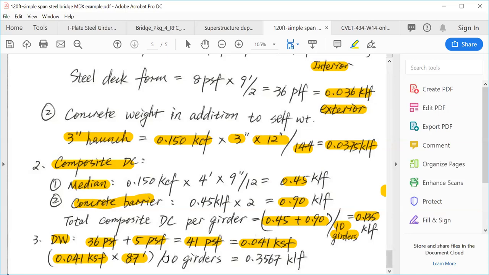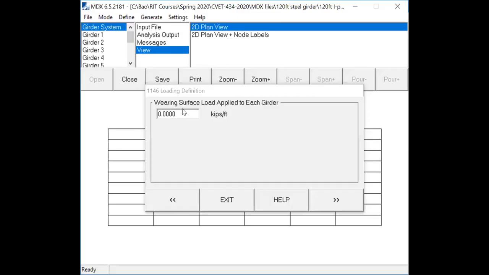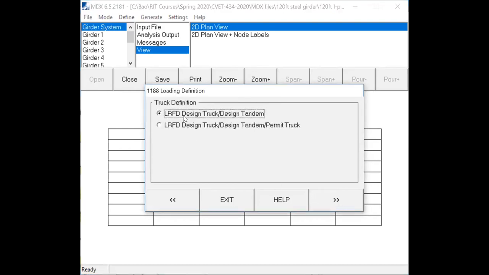And then divide by 10 girder lines, get 0.3567 kips per linear foot on each girder. Okay, so we need to input this number into the program. So 0.3567, okay, per girder.